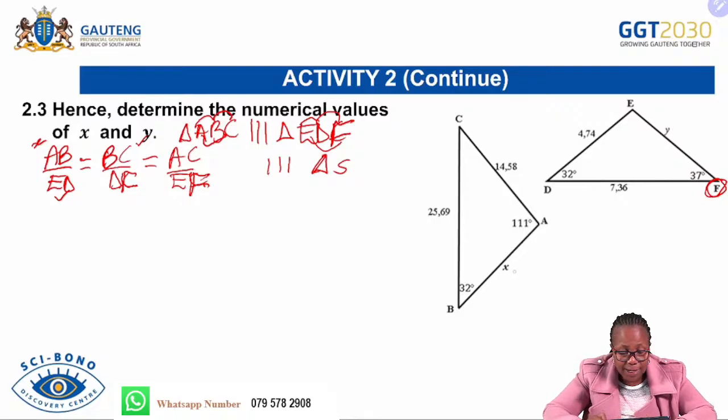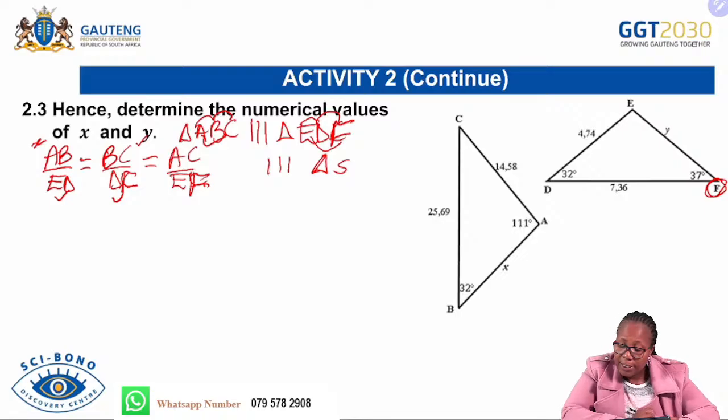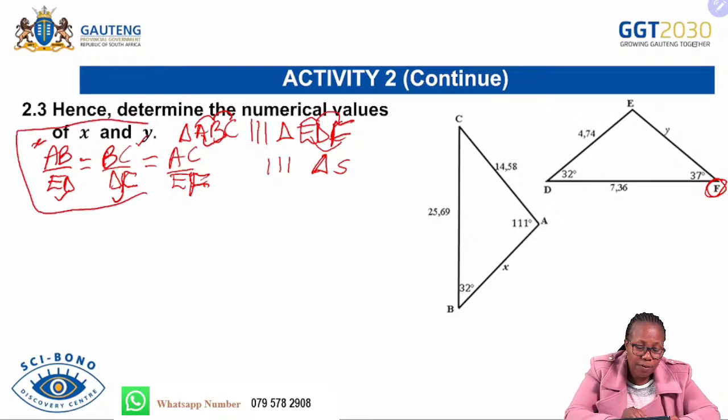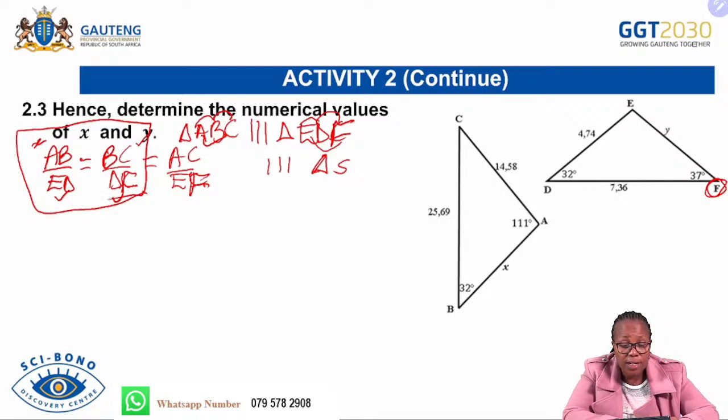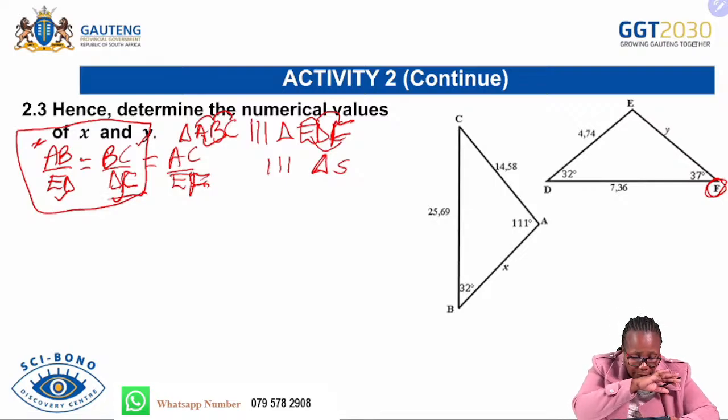AB we have as X. And then we have ED 4,74. Yes, we do have. Do we have BC? Yes, BC is 25,69. Do we have DF? Yes, 7,36. Therefore, we can rely on this to find the value of X. Can you see that, great job? Right, let's start with the X now. AB is X, substitute now.